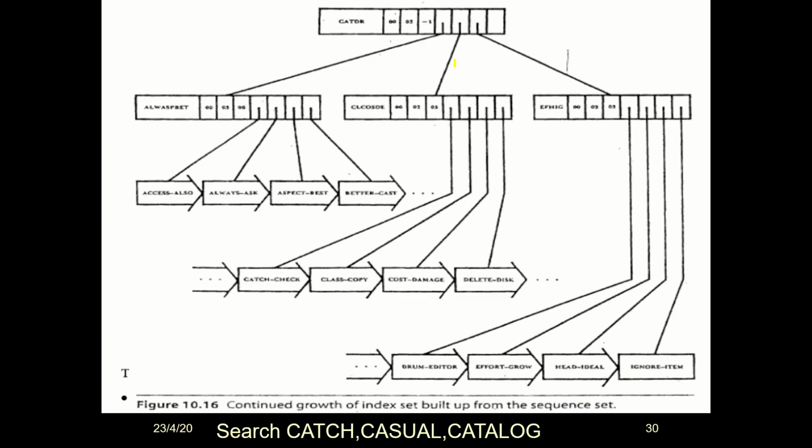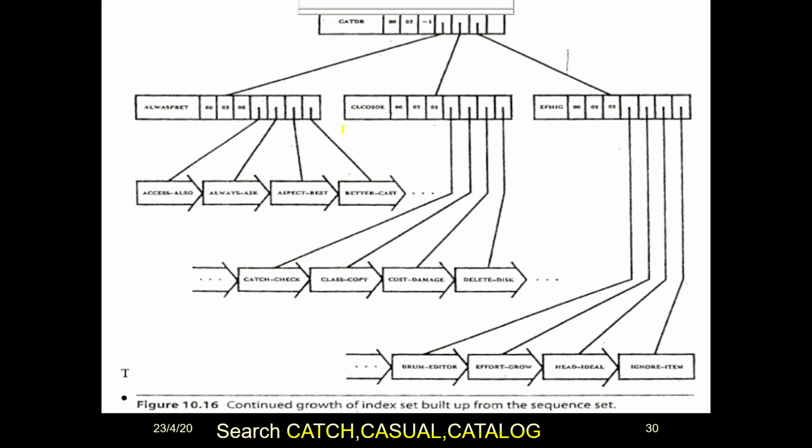So we keep inserting the values and keep sequentially inputting them inside my B tree. This is how it will look if I keep inserting values inside my B tree. Now we're going to search three things here. The first one is catch. How do I search catch?